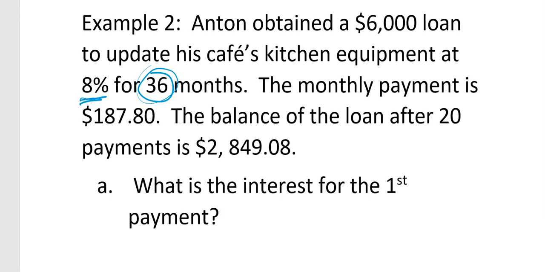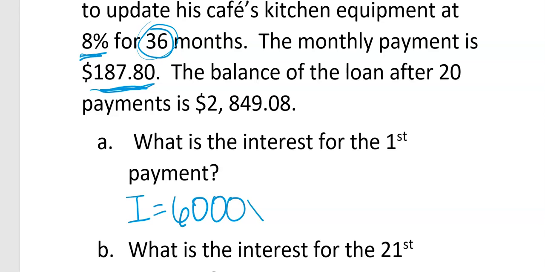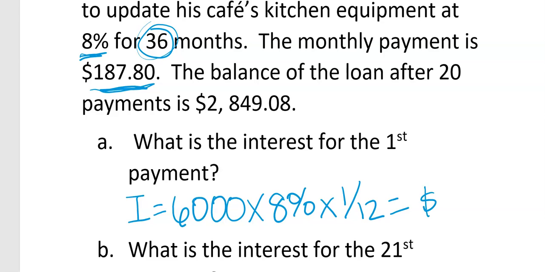We do need the 8%, and we do need the $6,000 to start out. I'm not going to worry about the 20th payment yet. The interest for the first payment is going to be $6,000 times 8% times 1/12, which is $40.